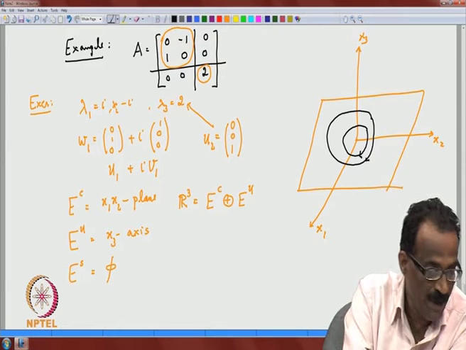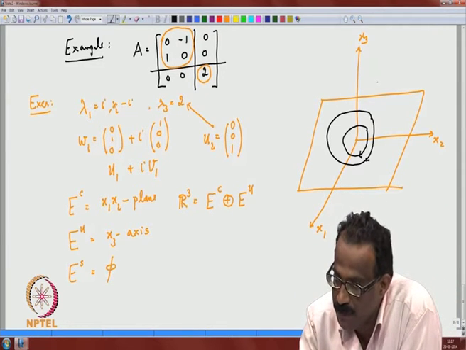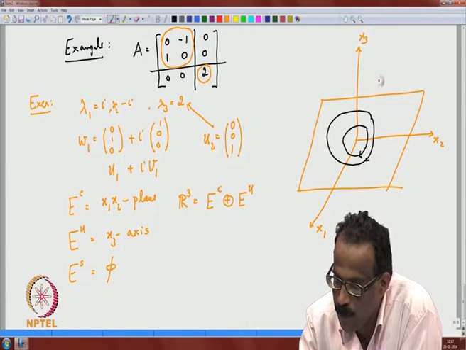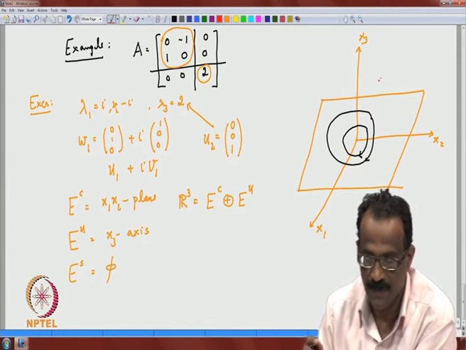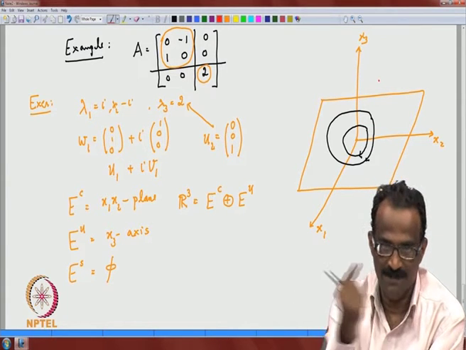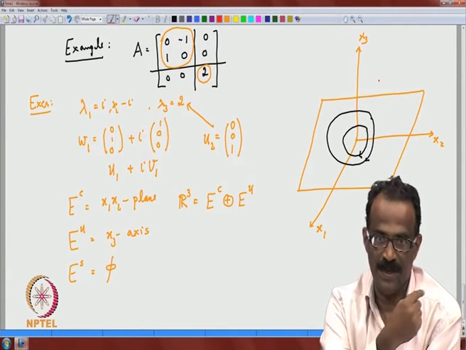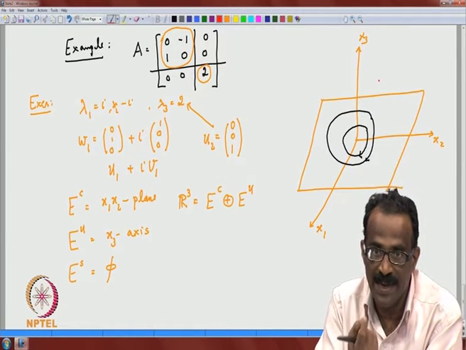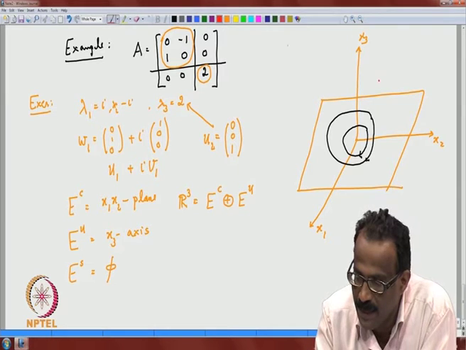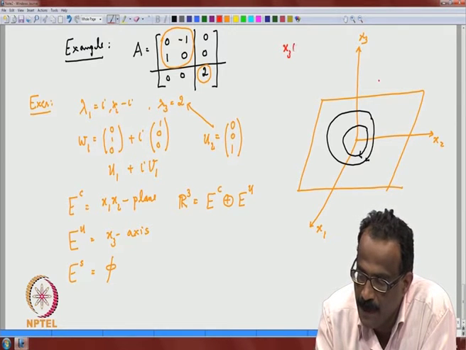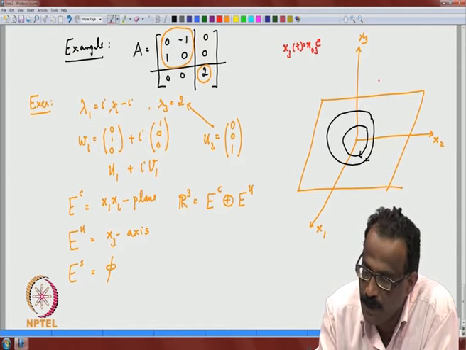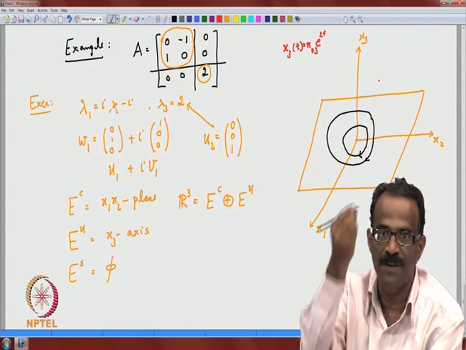What will happen if you are starting from above or below? This shows it will rotate in the x1 x2 direction, but then for the x3 component, x3(t) is nothing but x03 into e^(2t), and it goes to infinity.